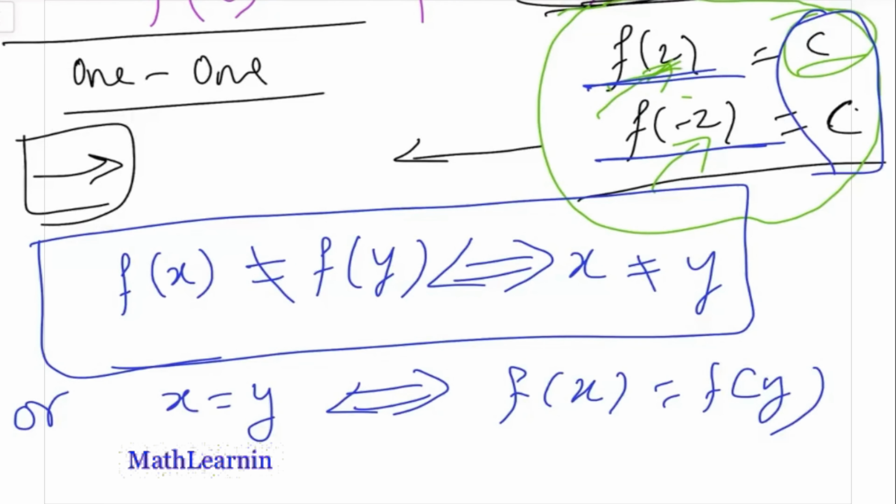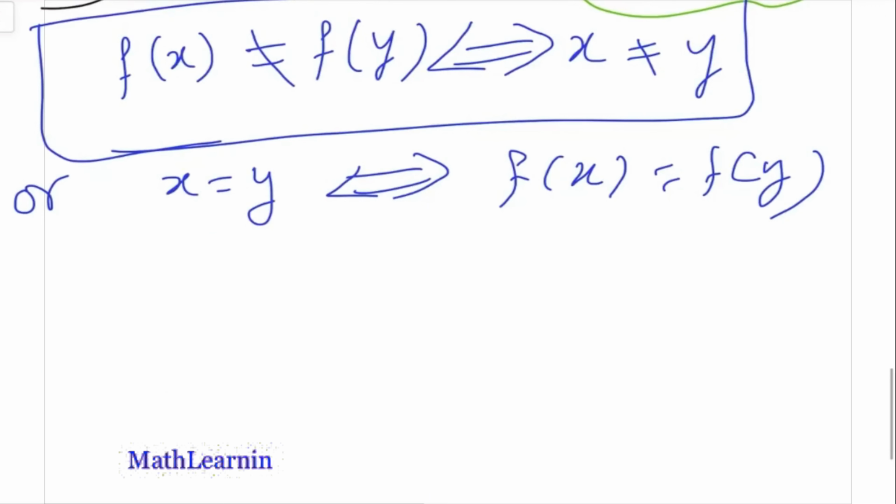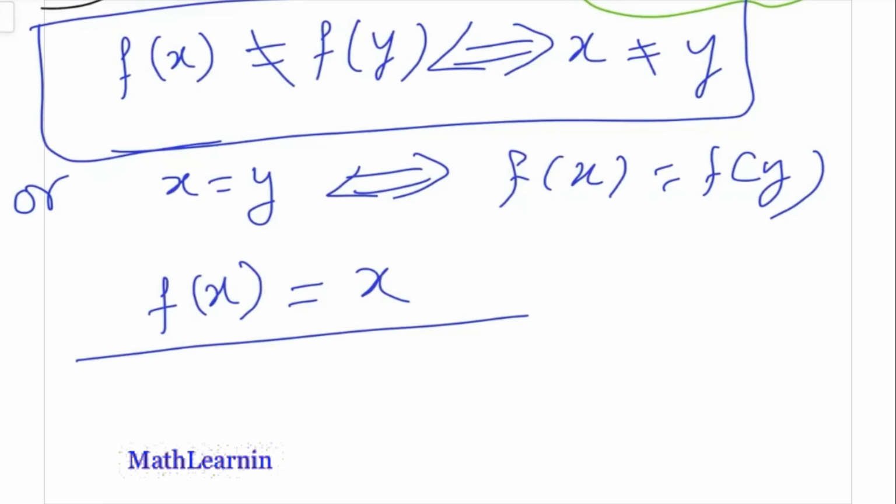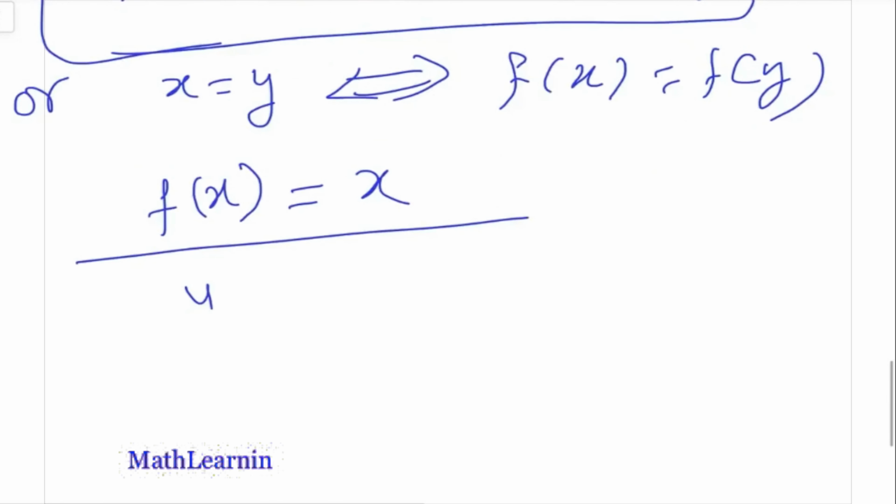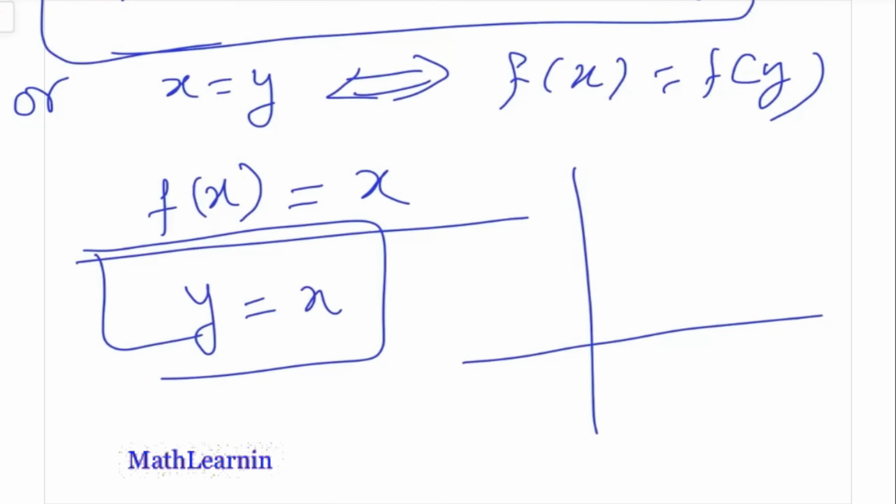If you want to see the graph of a one-one function, a basic example is f of x equal to x. This is a one-one function, and its graph is y is equal to x, making a 45 degree angle.